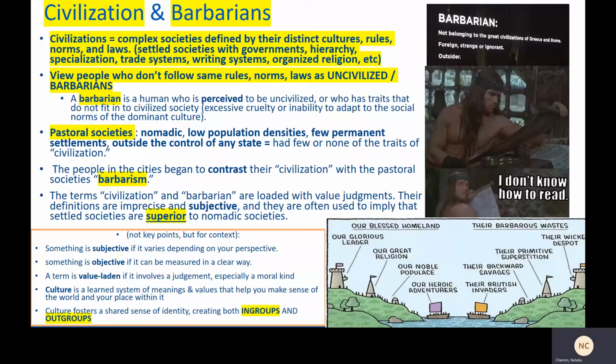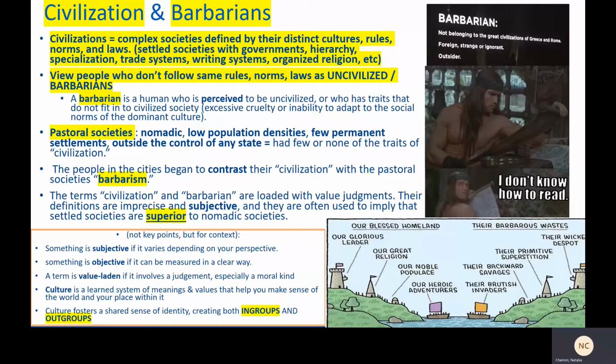What this word means and how it is used are slightly different. Often, civilizations, like Rome, for example, think of themselves as superior and advanced to the people who don't belong to their group. They view the people who don't follow the same rules, the same norms, the same laws, their kind of behavior, as being uncivilized or barbarians.